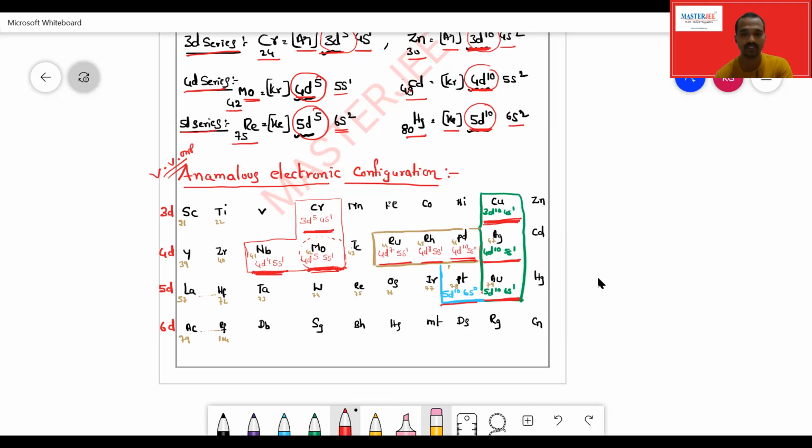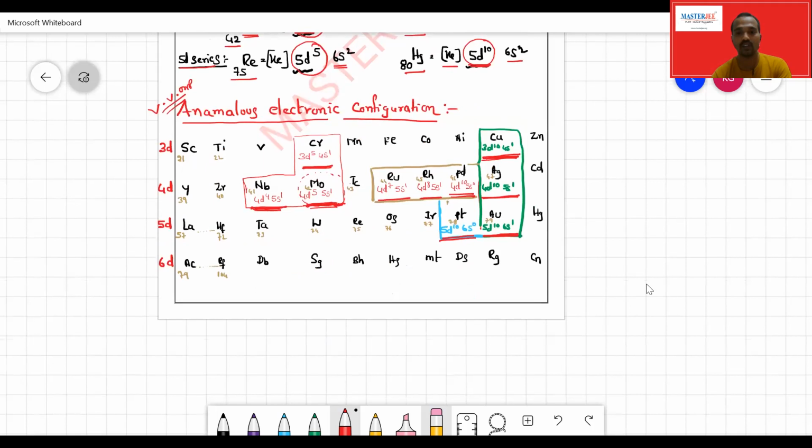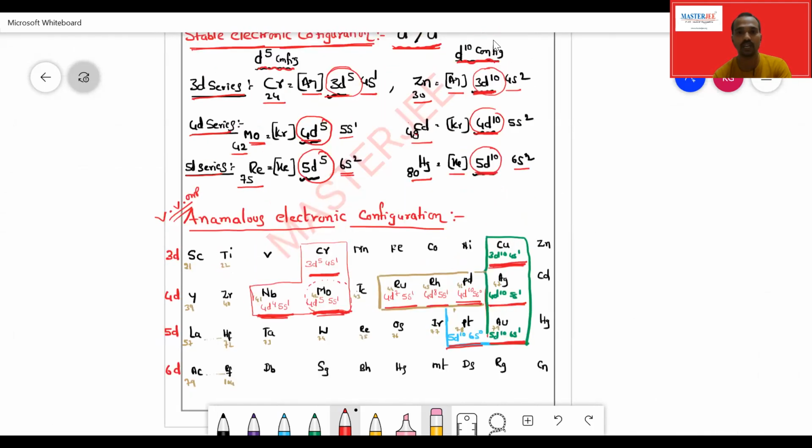In the 5d series, platinum 5d10 6s0 and gold 5d10 6s1. So this is the brief introduction to the terminology regarding d block elements.